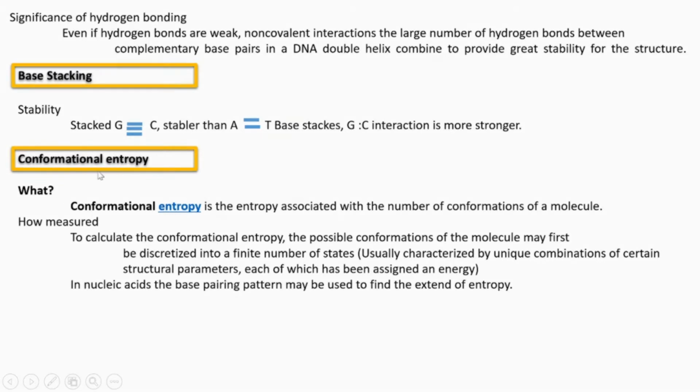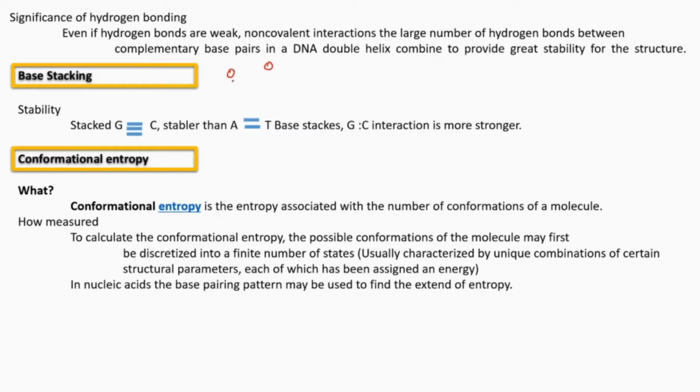Next, conformational entropy. It can also contribute to the stability of nucleic acid. And first we need to understand what conformational entropy is. Conformational entropy is the entropy associated with the number of conformations of a molecule. I will make it clear. Suppose there are two molecules, let it be protein or nucleic acid or anything like that.